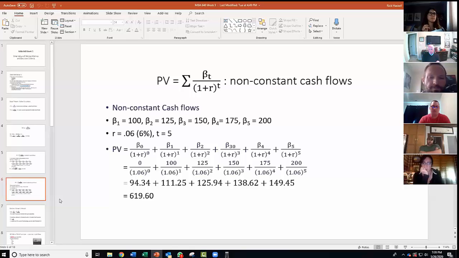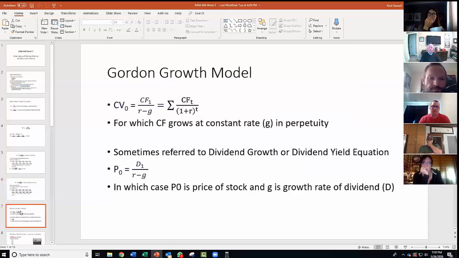Good. Well, if we have something where the cash flow is growing at a constant rate, and it's doing so in perpetuity, and the discount rate is consistent, we might see it here, and it's going to end up looking like the dividend yield or the Gordon growth model.